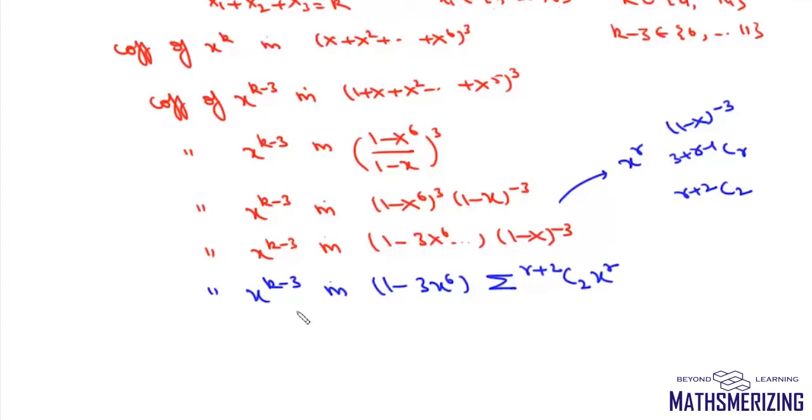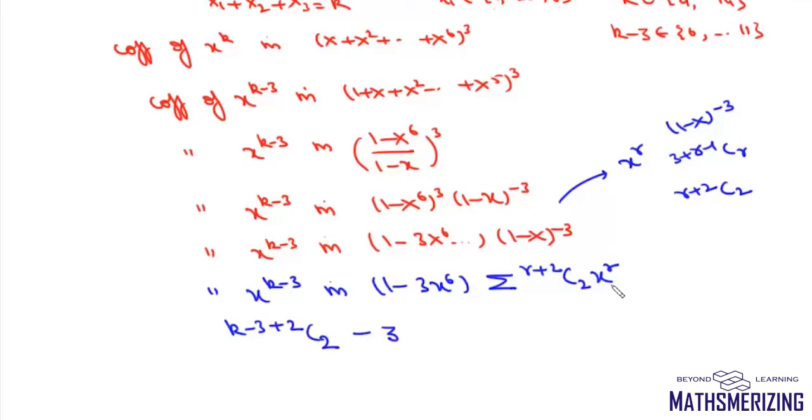Now we get the coefficient of x to the power k minus 3 if we take r as k minus 3. So it will be k minus 3 plus 2 C2, and then minus 3 into x to the power 6 into x to the power r, so it will be the coefficient of k minus 9.